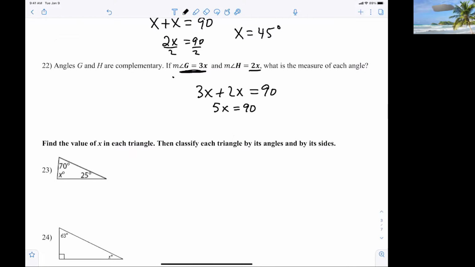Well, this is multiplication, remember? Yes, divide by 5. So x is how much? Well, take your calculator out and do the division. Yes, x is 18. So now the measure of angle G would equal what? And the measure of angle H would equal what?